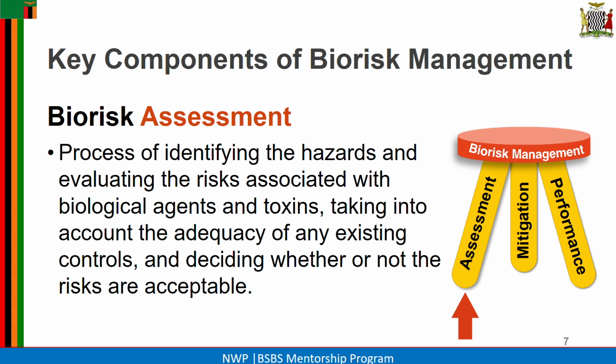In the laboratory, there may be multiple types of hazards. You may have your biological hazards, chemical hazards, physical hazards, fire hazards and the like. But when it comes to biorisk assessment, mostly what we want to concentrate on are your biological hazards or agents.